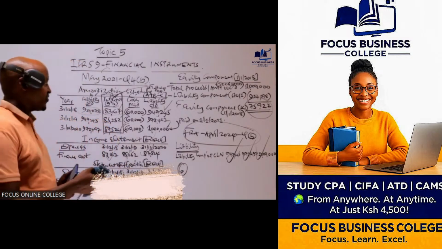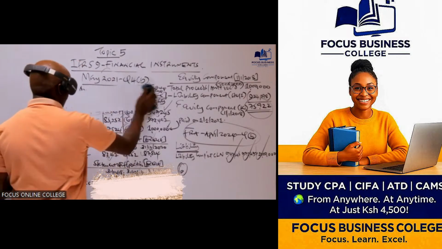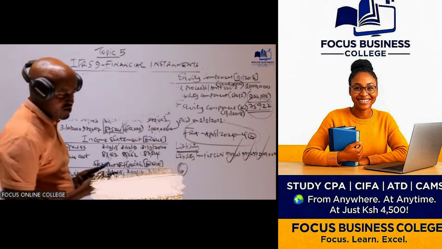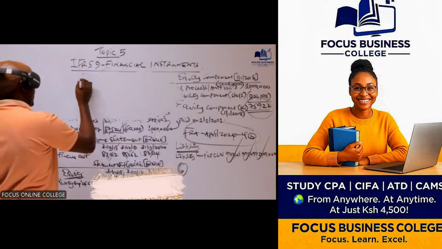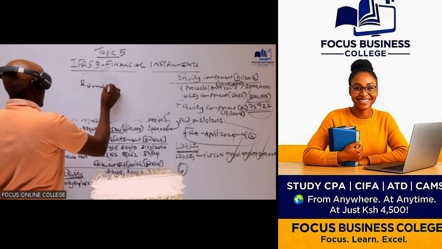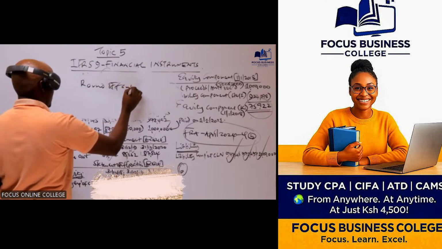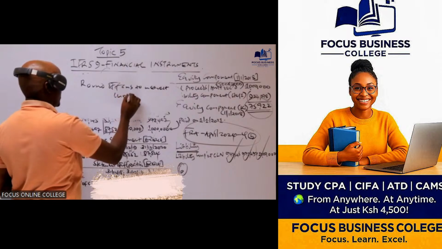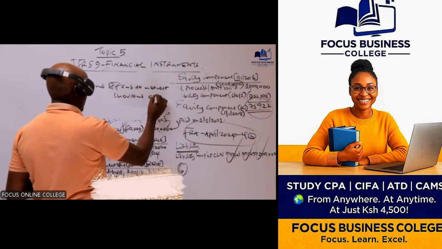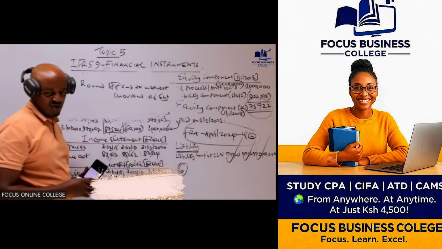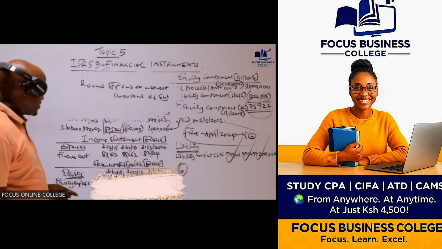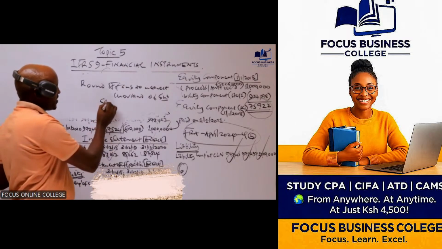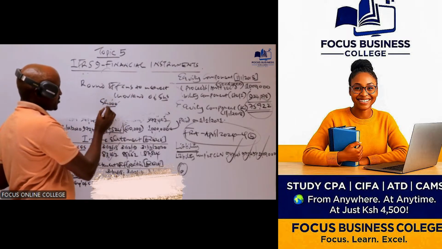So if you're given those instructions by the examiner, to round off your answers to the nearest 1,000 of shillings, basically what that means is that when, for example, preparing the amortization table, you work your figures in thousands of shillings.